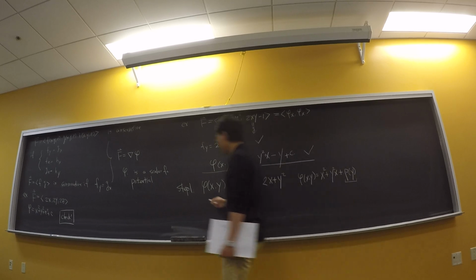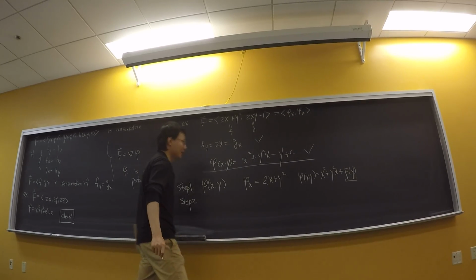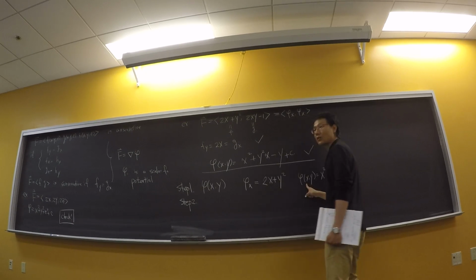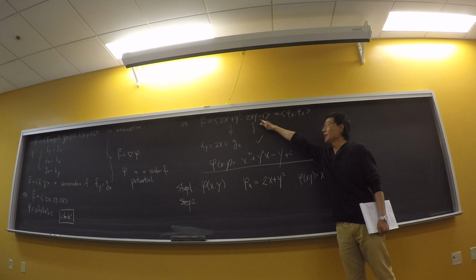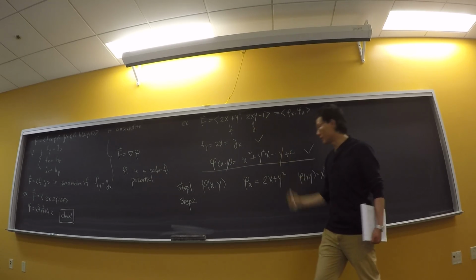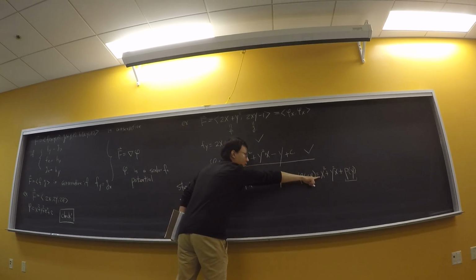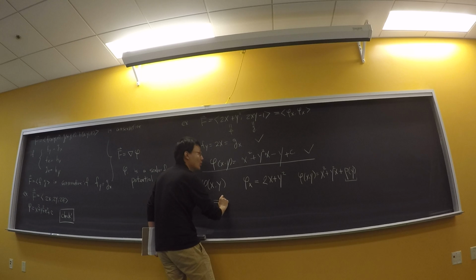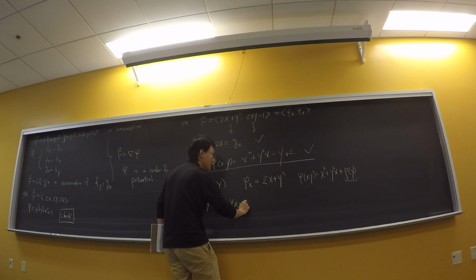In the second step, I need to figure out what this constant function p depending on y is. So I'm going to take the derivative with respect to y in this format, and then I'm going to make it equal to what is given in the very beginning. All right? So that's what we did last week. So phi_y on this function, what do we have? x squared plus 2yx plus p prime of y.